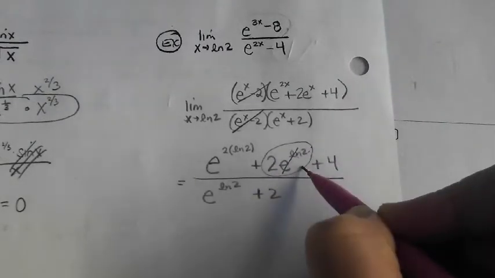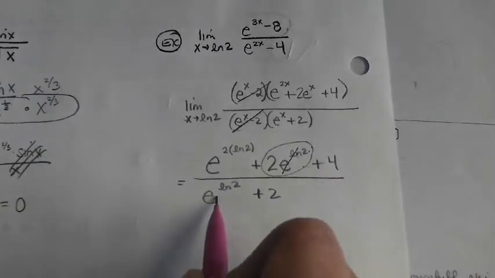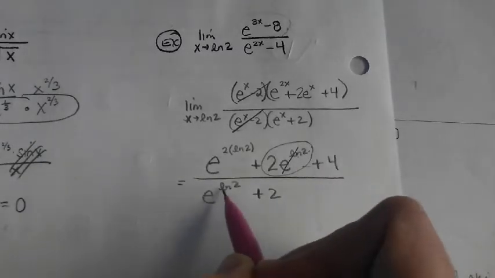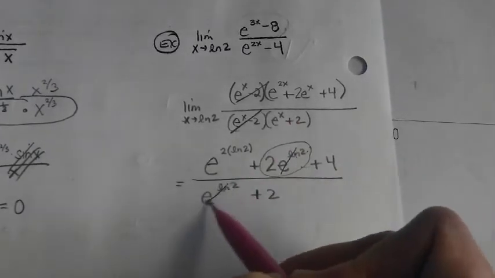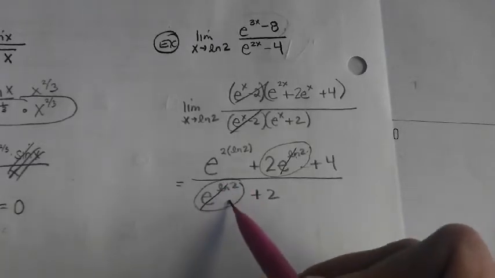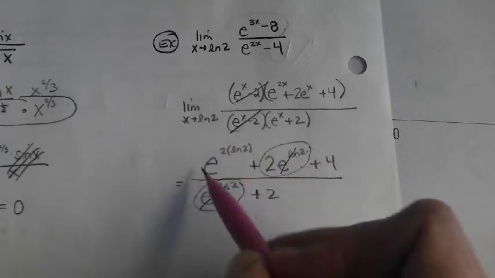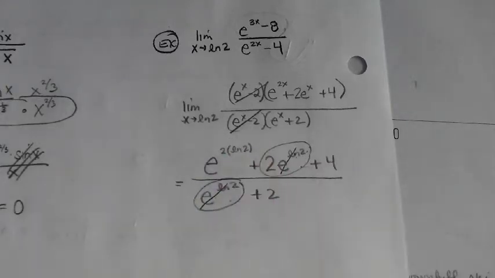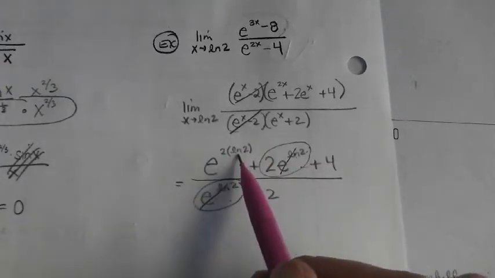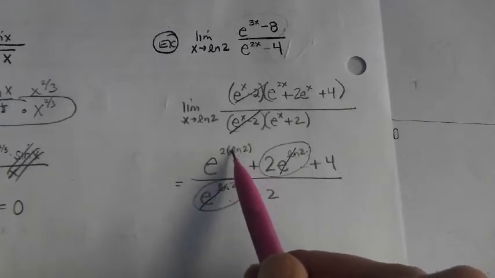Are you with me there? And the same thing on the denominator. This e to the ln of 2, the e and the ln will cancel so that this will just be 2. What's this situation? We can't cross those e and that ln out because we have this thing in the middle.